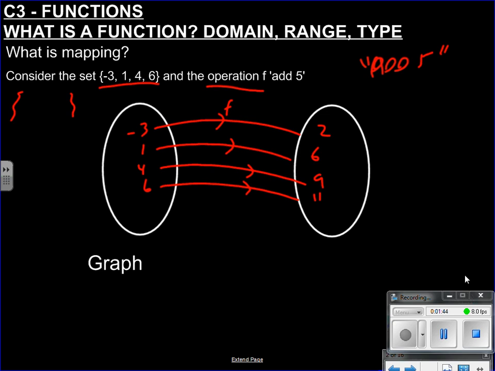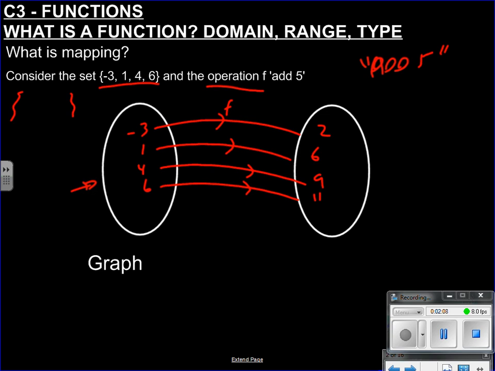The important thing to realize is that everything in this bubble is the only thing that f can work with. It's like a factory. In a factory, you can only produce with the parts you have. You can't produce something for which you don't have parts.